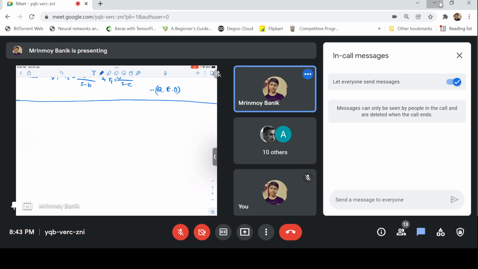Okay, let's solve some problems. Show that the sum over 1 by Ri is 2 by R. So the sum of the reciprocals of the exradii, like the harmonic mean of the exradii, is the inradius.